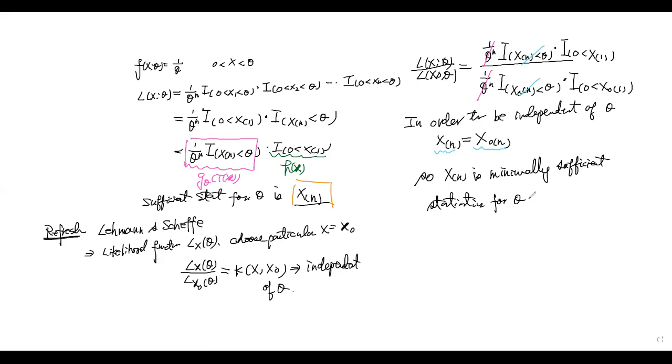First, we used the Fisher-Neyman factorization theorem to show that X(n) is a sufficient statistic. Then, in order to show it's minimal sufficient, we used the Lehmann-Scheffé theorem, trying to show the ratio is independent of theta. So we have to prove that X(n) equals x0's nth order statistic. That's why I know X(n) is a minimal sufficient statistic for the parameter theta.